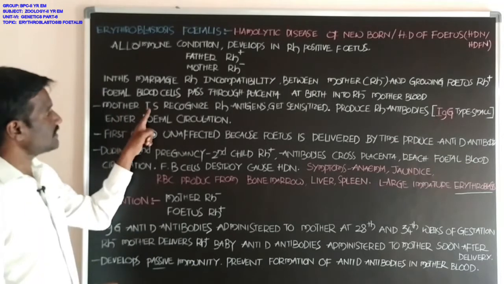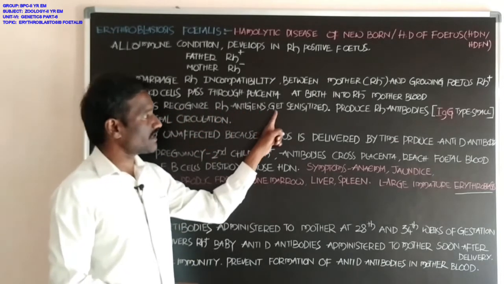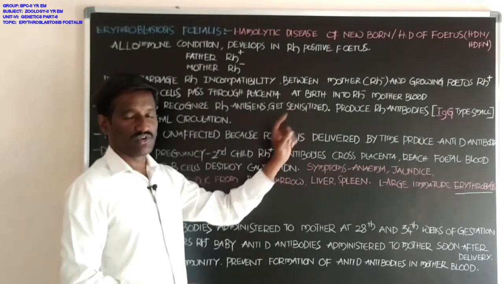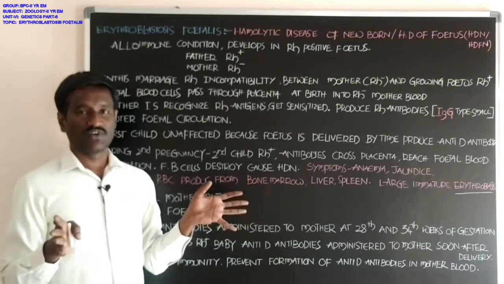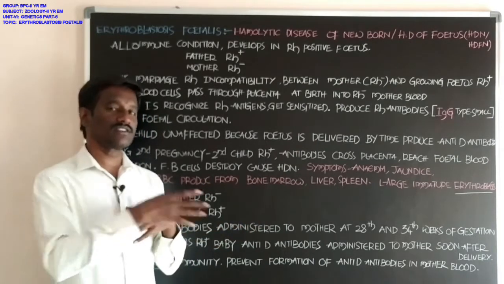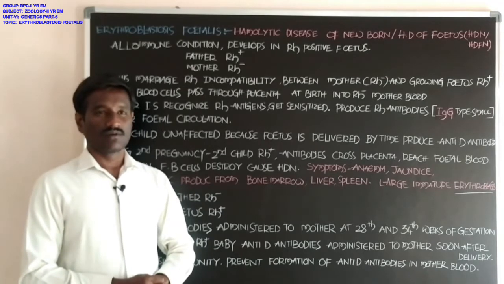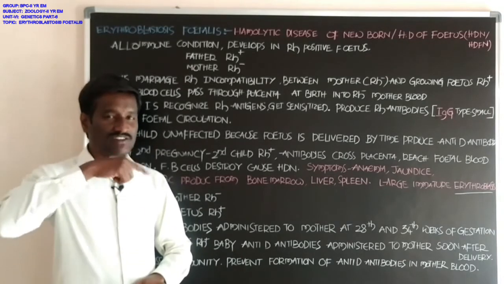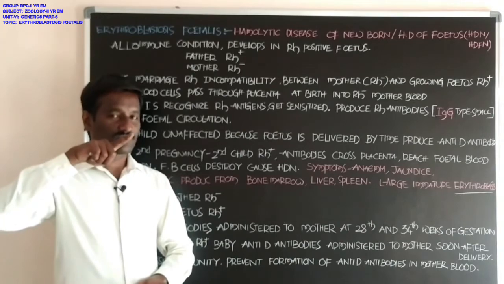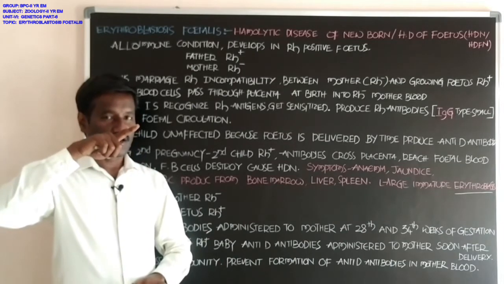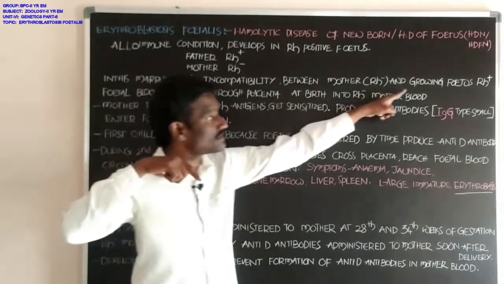Next, the mother recognizes the Rh antigen and gets sensitized. Students, when these blood cells enter the maternal circulation, the RBCs carry the Rh antigen from the Rh positive fetus.